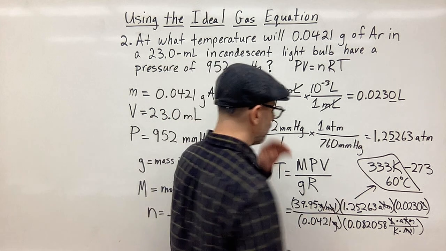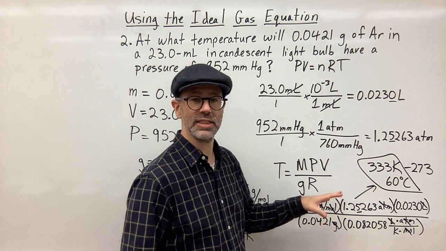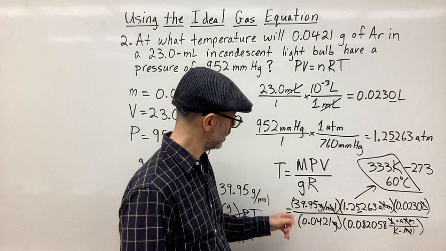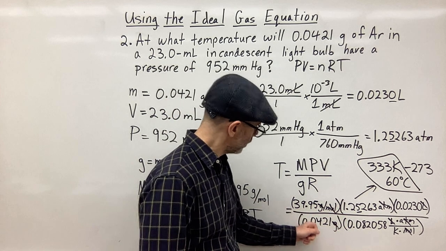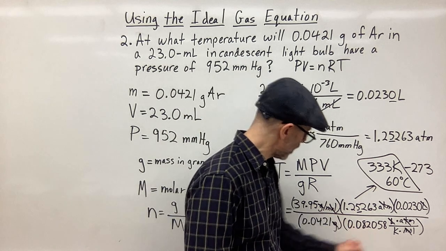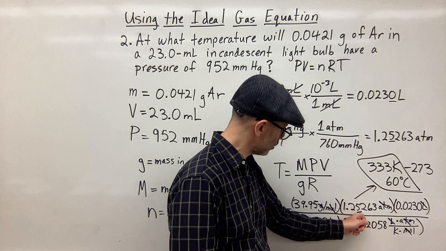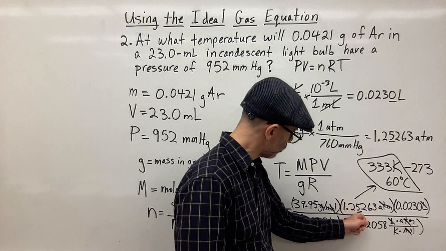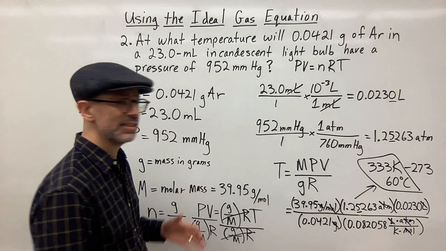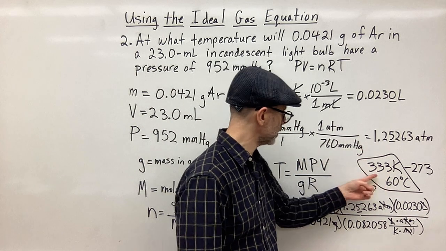Okay, so remember, your answer when you're multiplying and dividing should have the same number of sig figs as the least number of sig figs in your measurements. This has 4. This has 1, 2, 3. This one has 5. This one has 1, 2, 3. I stop at the 5 because it's underlined. So 1, 2, 3, and then here 1, 2, 3. So the least number is 3, so that's why I have three sig figs here.